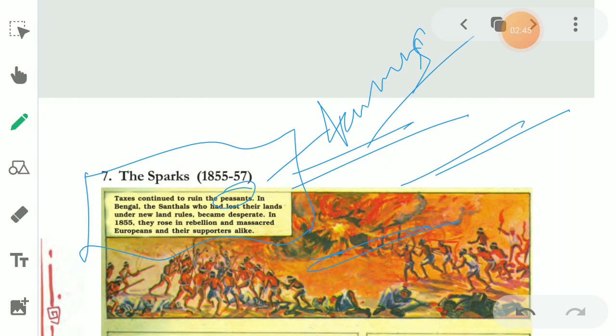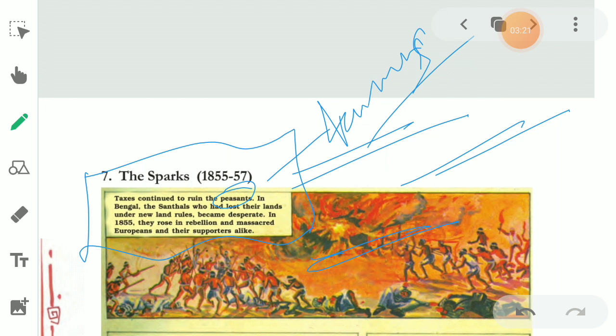So who is desperate? The Santals. They are very sad about their lands when they lost them. In 1855, they rose in rebellion and massacred Europeans and their supporters alike. So who rebelled? The Santals rebelled. They got angry about the British rule and all.